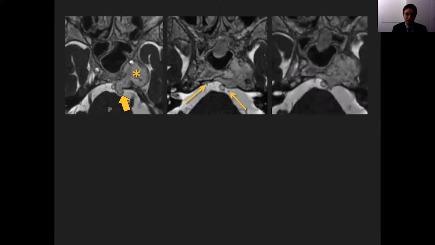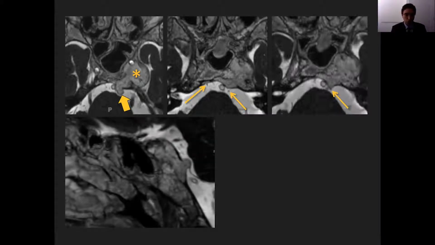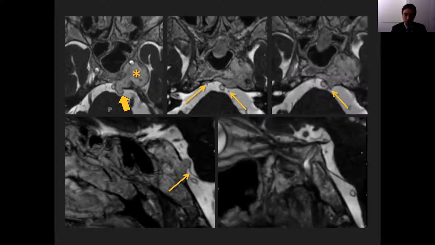We can see how the mass starts compressing or displacing the sixth cranial nerve on the left side. A sagittal reconstruction shows us again the disruption of the dura, the tumor in the subarachnoid space, and the displacement of the abducens nerve cranially, compared to the contralateral side, where we can see the normal sixth cranial nerve entering the cavernous sinus, which shows enhancement.